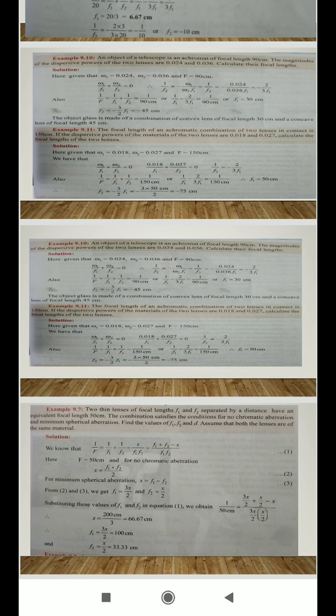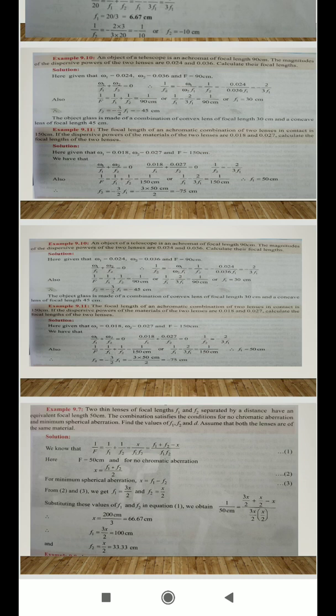In this case we have to find the condition for which there is no chromatic aberration and also minimum spherical aberration. We will read about spherical aberration later, but here is the example. It is given that both the lenses are made of the same material, which means their dispersive powers omega 1 and omega 2 are equal.